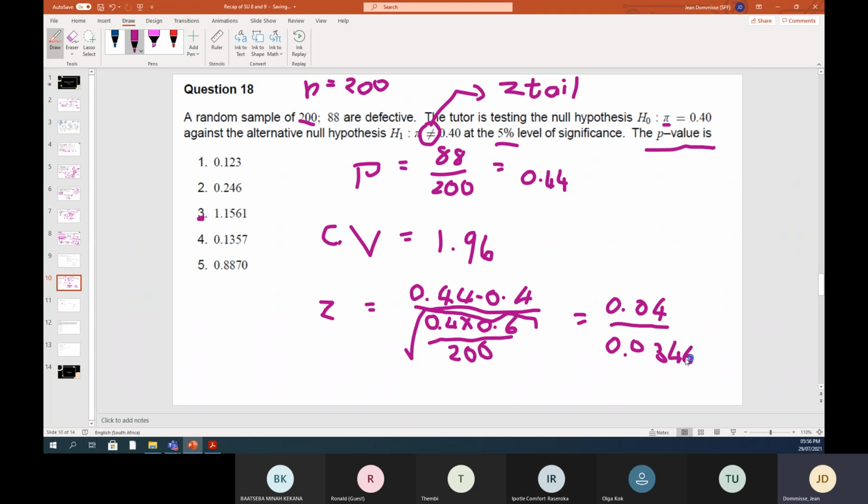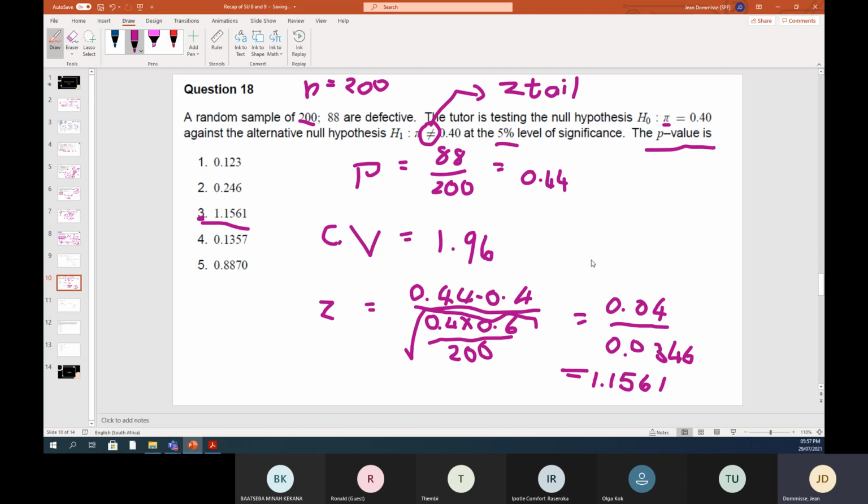So if I say 0.04 divided by 0.0346, I get the answer of 1.15. Okay, so that was my z that I need to work with.